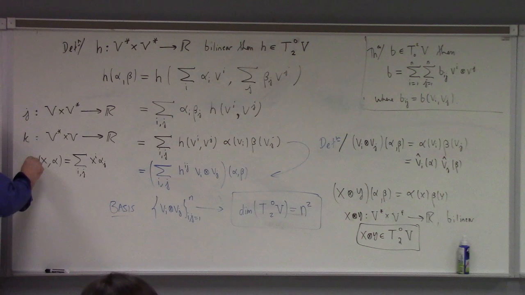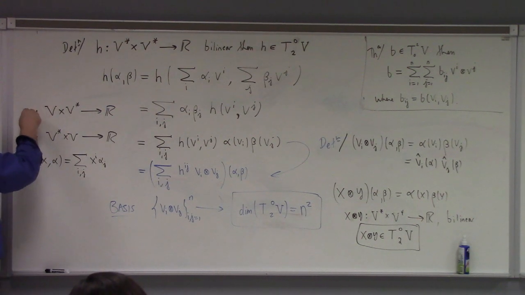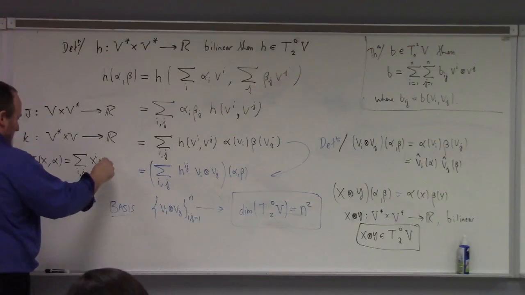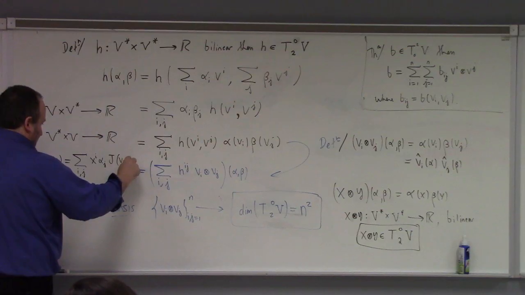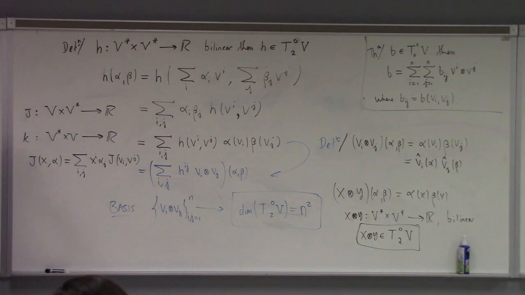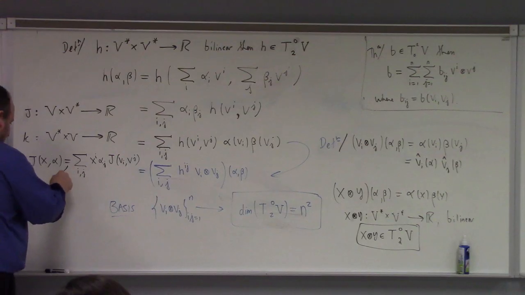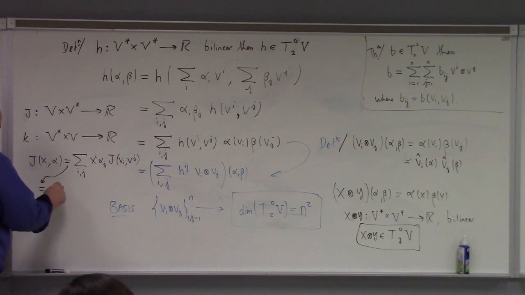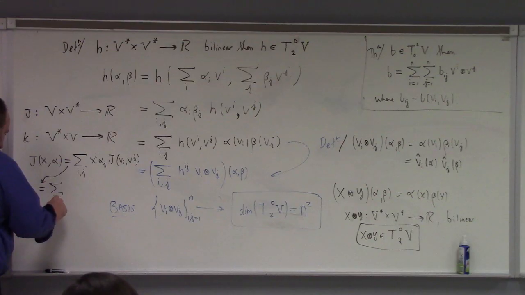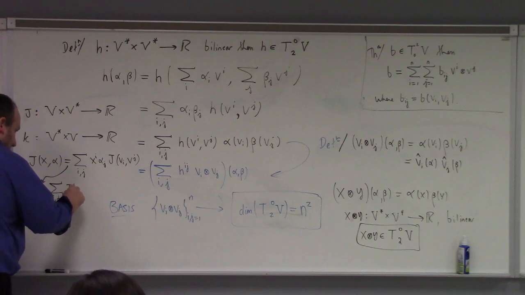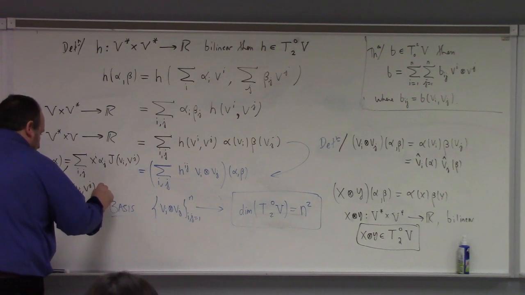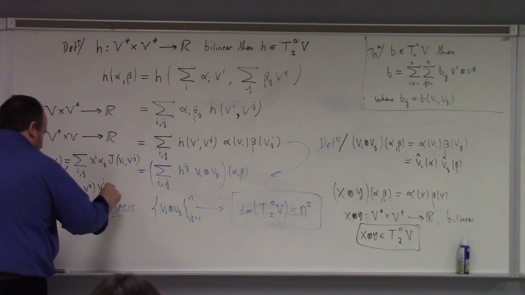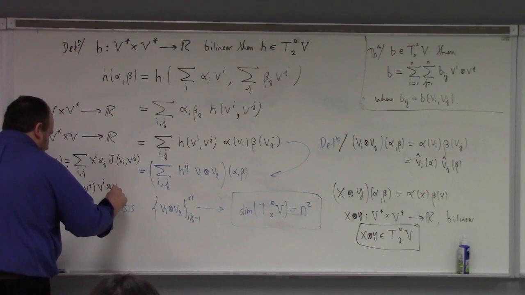Goodness gracious, let me make that a capital J. Then there's no confusion, hopefully. Capital J of v lower i, v upper j. And then you would look at the sum over i and j of J of v lower i comma v upper j, and then you would do v_i tensor v lower j, that thing acting on x comma alpha.